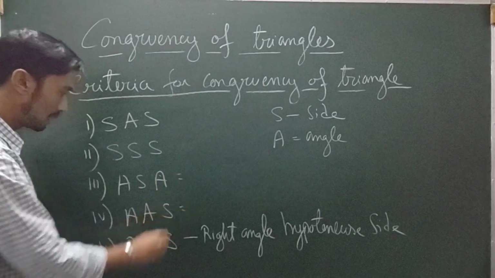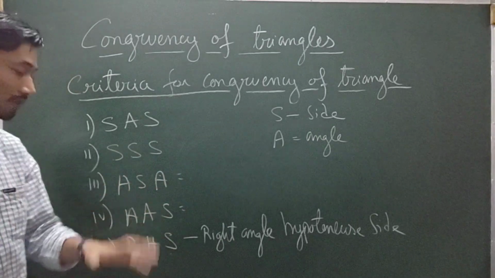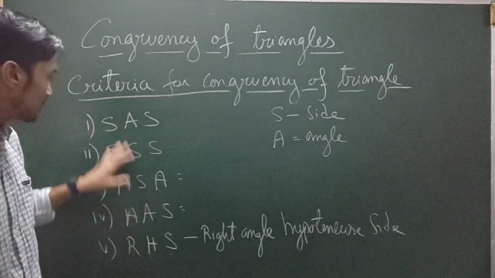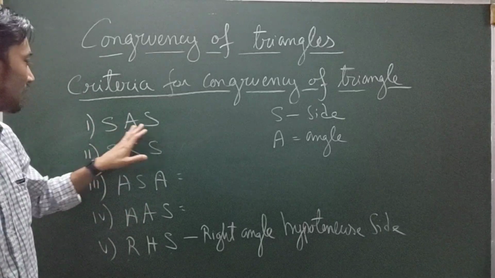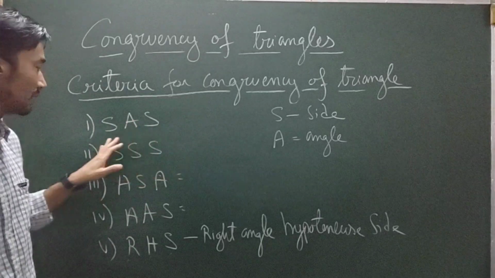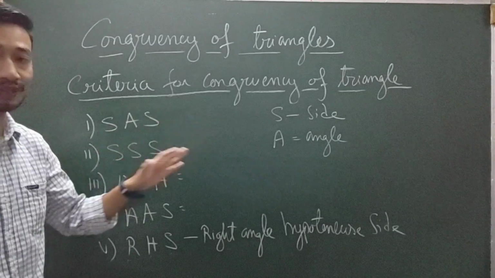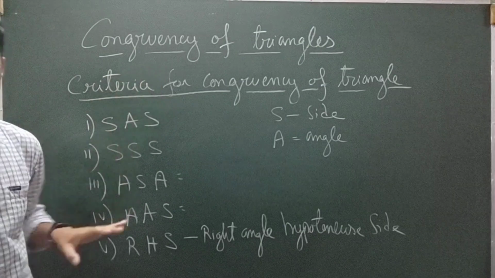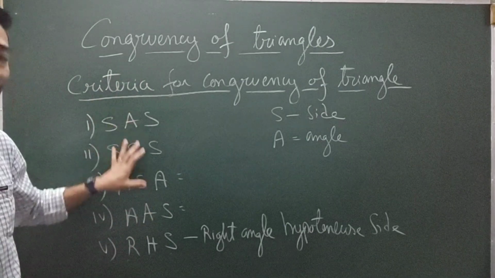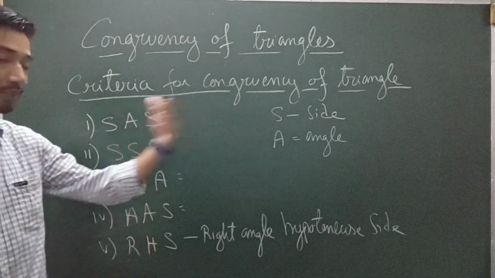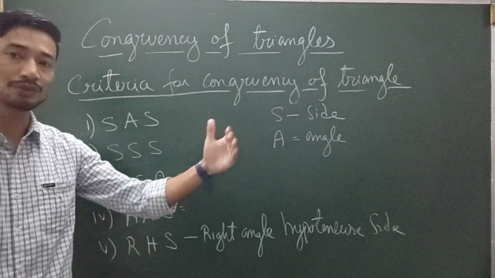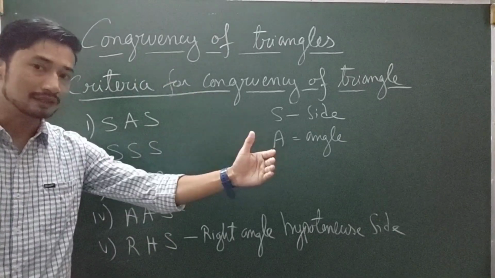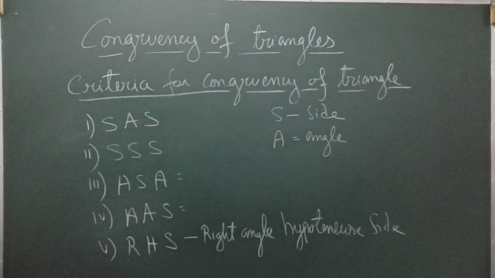No, 2 angles and 1 side, there is a criteria, I'll talk about that. But here, if you can prove 2 sides and 1 angle with respect to the criteria, then that's enough. You don't have to prove 3 sides and 3 angles. That's one good thing about this criteria. So if you can fulfill any one of these criteria, you can proceed and say that yes, the 2 triangles are congruent. Alright, let's quickly do it. Let's not waste much time.